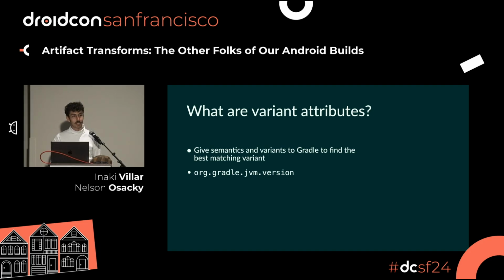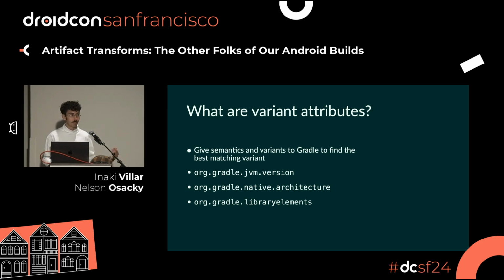You can imagine a dependency can be produced with a JVM version 8 or 11 or 17, and they can all be present on your system, and having a variant attribute helps Gradle grab the best matching variant for what you need. There's a bunch of different standard attributes that are part of the Gradle ecosystem. There's native architecture. You can, for example, have x86, ARM, that sort of thing. Another attribute that I'm going to talk about a lot in the talk is the library elements.